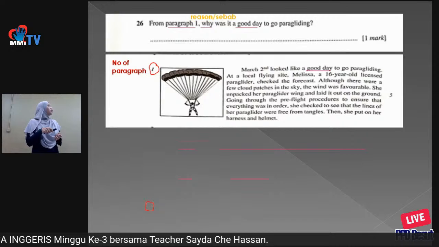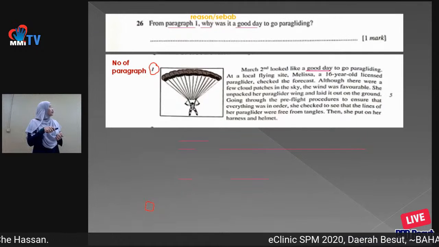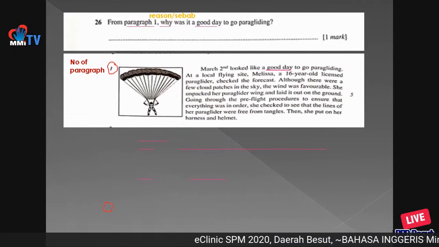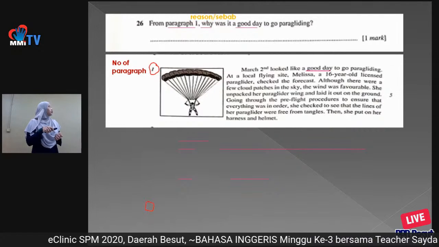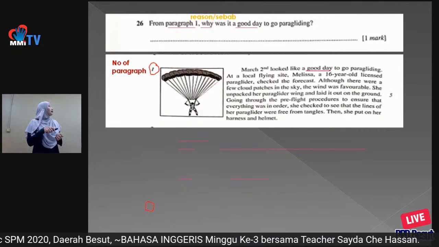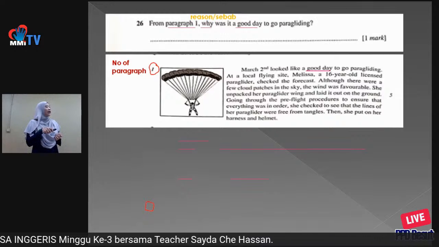Walaupun adalah nampak cloud. You know the meaning of cloud. Don't tell me you don't know the meaning of cloud. Cloud you tahu. Sky pun you tahu. Wind pun you tahu. So cloud is awan, sky is langit, wind is angin.